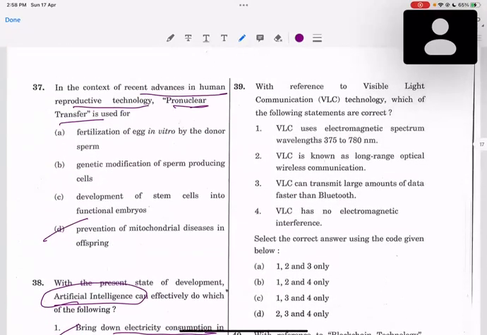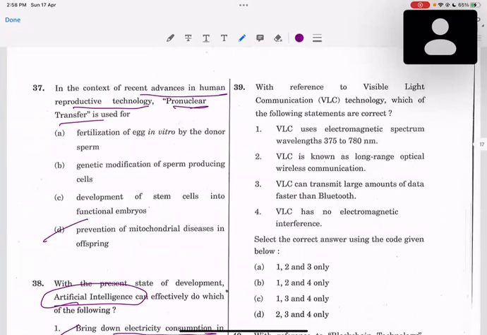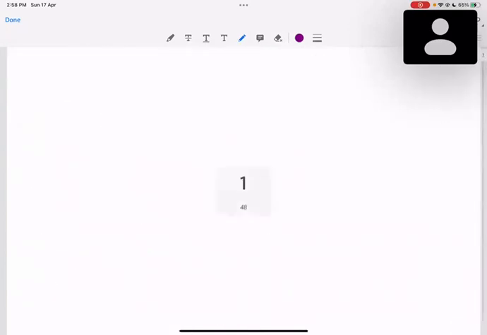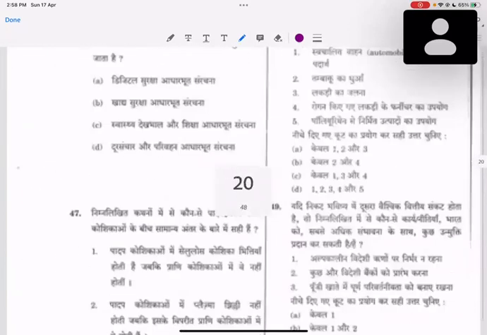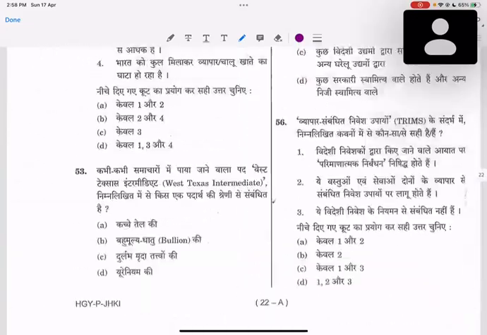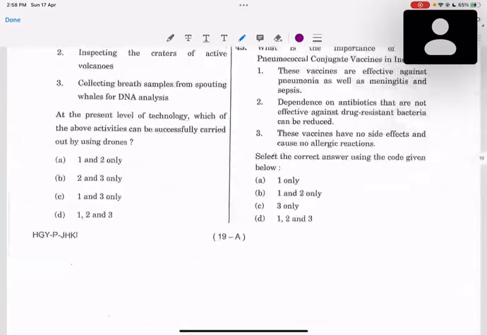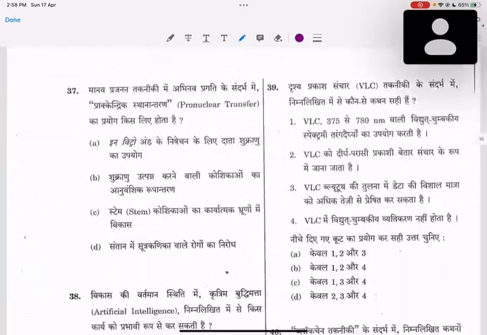All right. If you look at the 39th, with reference to visible light communication technology, which of the following statements are correct? All right.